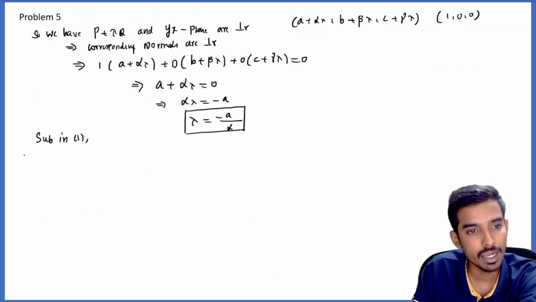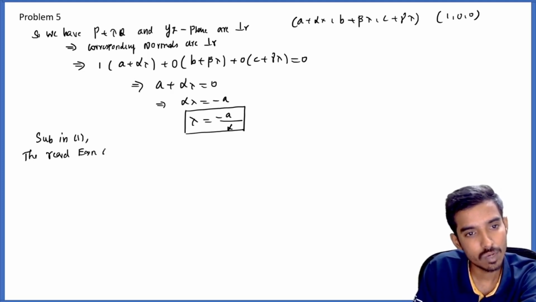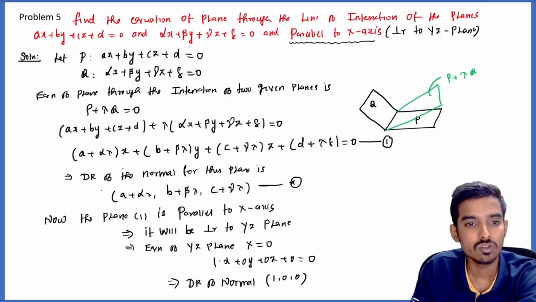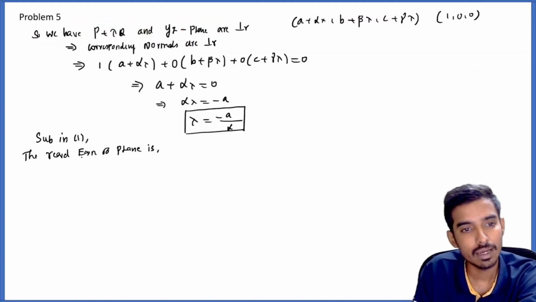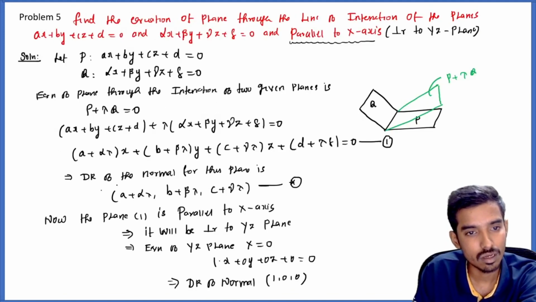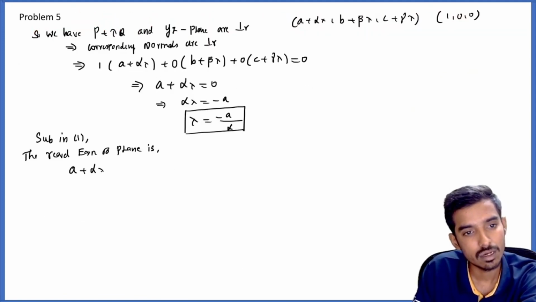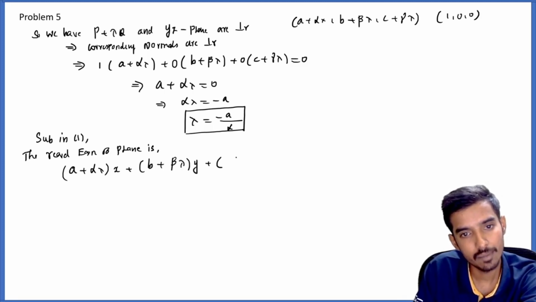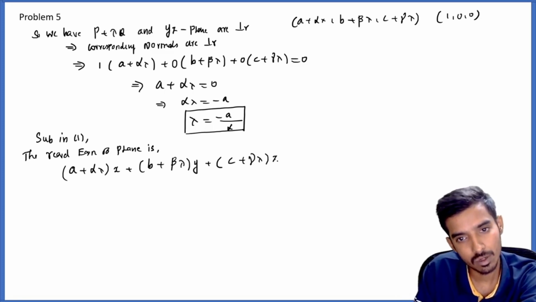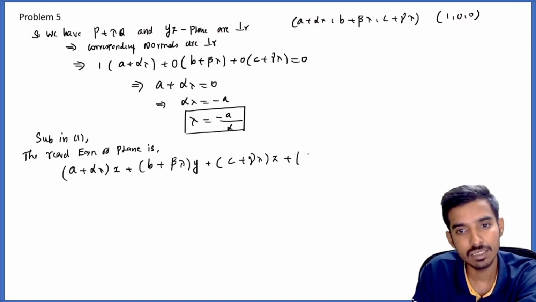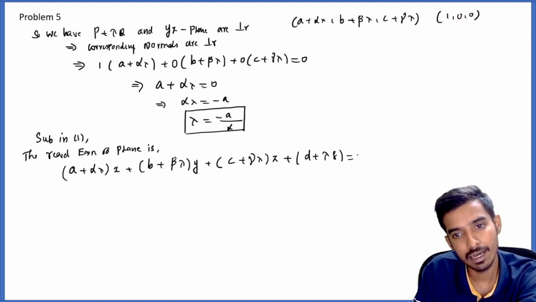The required equation of plane is a plus alpha lambda into x, b plus beta lambda into y, c plus gamma lambda into z, constant term d plus lambda delta is equal to 0.